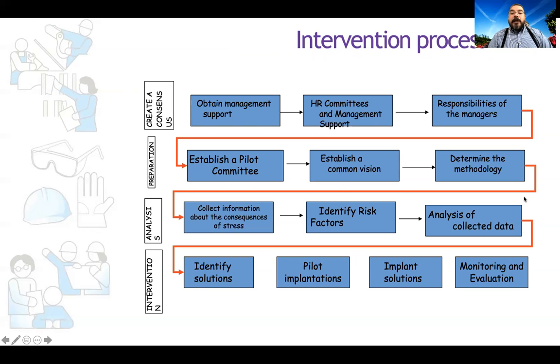Define the methodology that we are going to choose and follow. Then we are going to analyze the information that we gathered from applying that methodology, such as collecting the information about the consequences of stress. We must identify risk factors. We will analyze the collected data, identify solutions, pilot implementations, implement solutions, and at the end, we are going to monitor and evaluate all the actions that we implement.